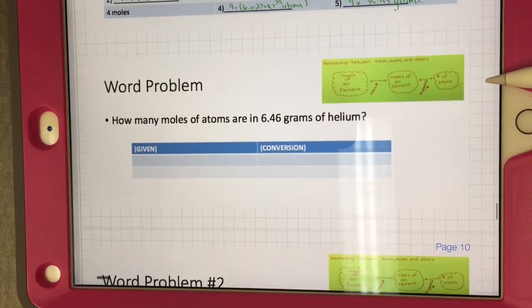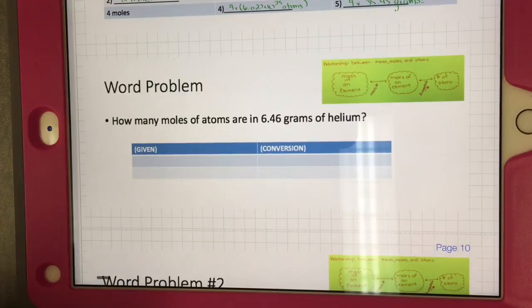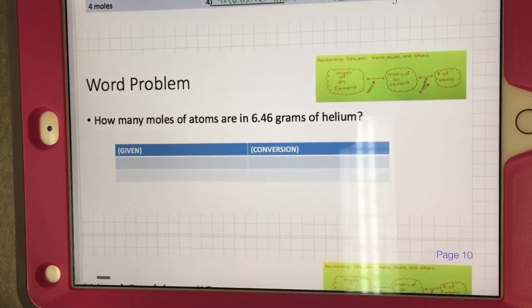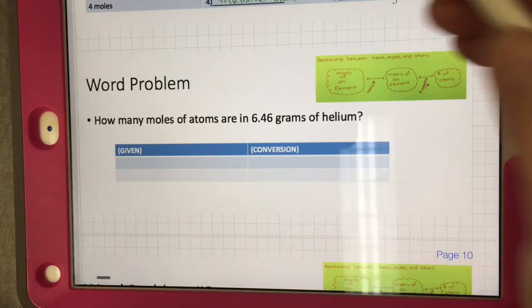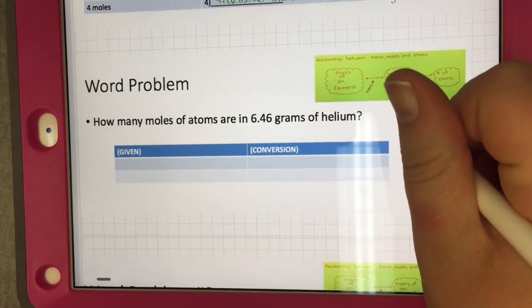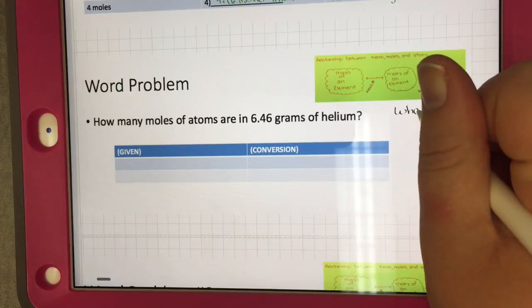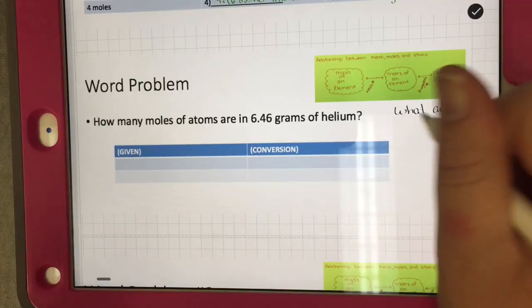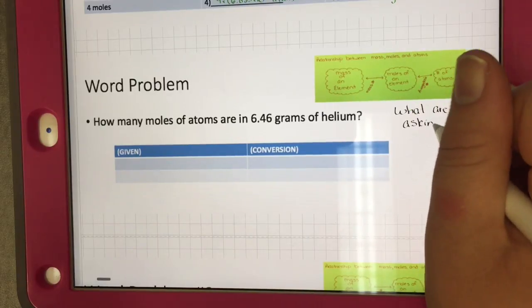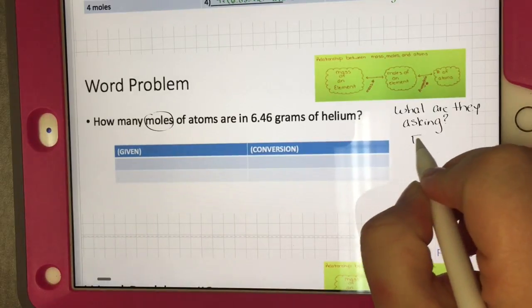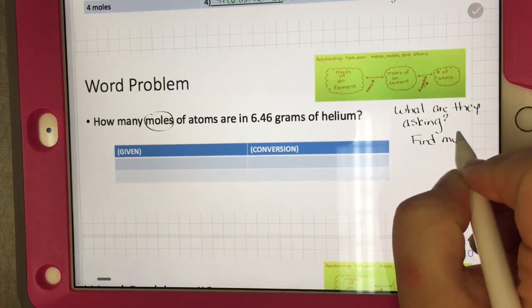And so we're going to have a word problem. Yay! How many moles of atoms are in 6.46 grams? When we're looking at a word problem, it's important to figure out what they are asking. Well, they're asking for moles, so I need to find moles.